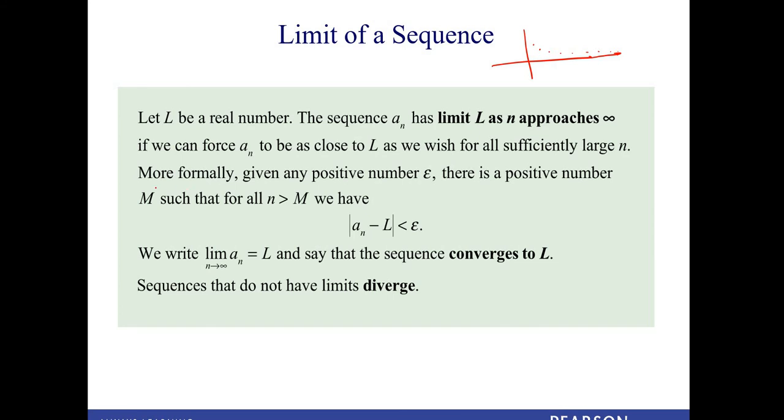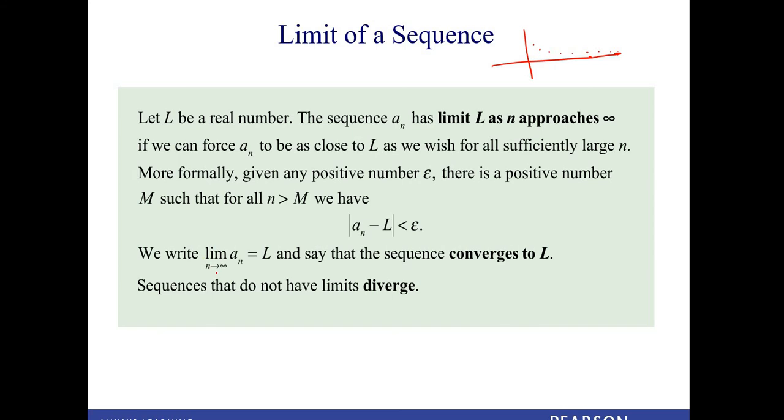More formally, given any positive number epsilon, where epsilon is a small number, there's a positive number m, such that for all n greater than m, in other words, as we are getting very large, the difference between the limit and the nth term is always going to be less than this small number epsilon.